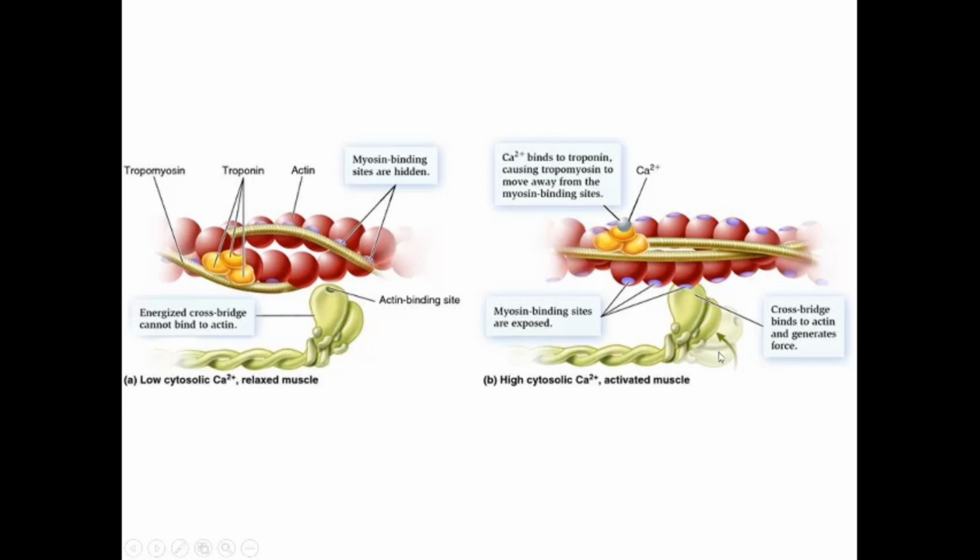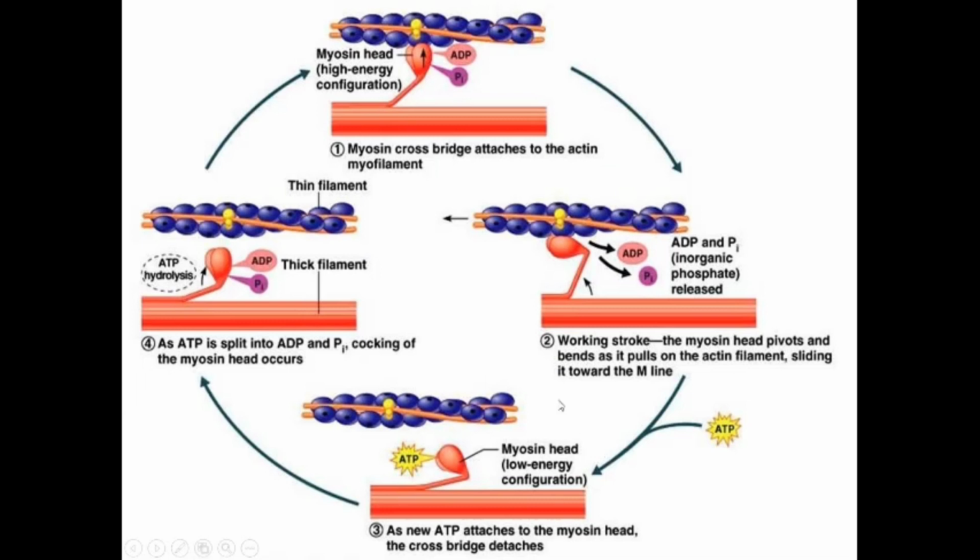Then we have a pivot, changing the structure of the head of myosin, and this conformational change pulls the actin, causing the sliding of the actin filament over the myosin filament.